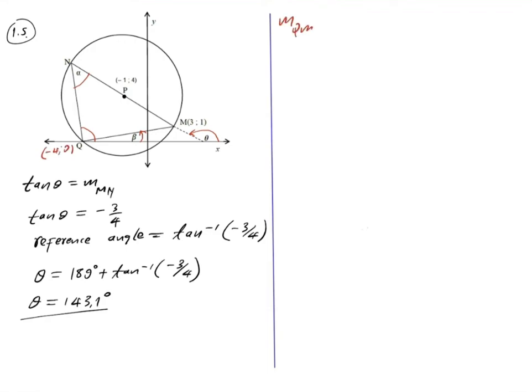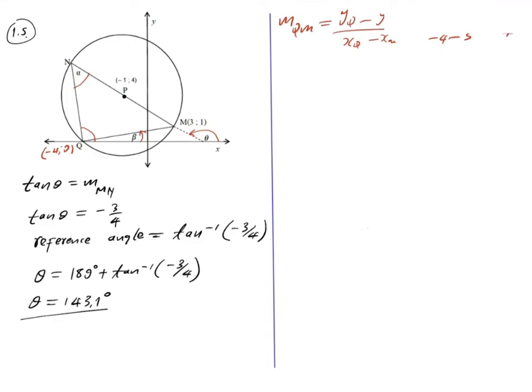So QM is equal to YQ minus YM over XQ minus XM, which is, now Q, the Y value is 0 minus the Y value at M, which is 1, over the X value at Q, which is minus 4, minus the X value at M, which is 3. And then this gives us 1 over 7.